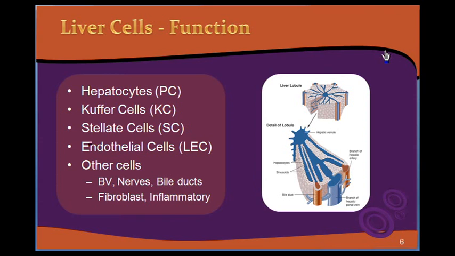Our liver contains several different cell types, each one designated with a separate function. The hepatocytes, also known as the parenchymal cells of the liver, the PC, are the manufacturing factory for all the things that are produced from the liver, like the vitamins, the proteins, the clotting factors, the immunoglobulins, name anything.